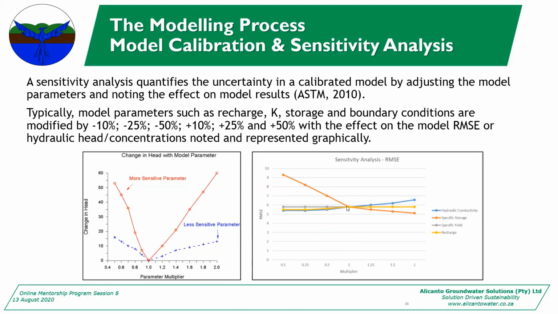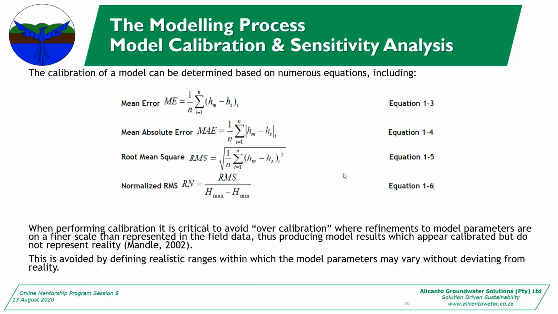Whereas if you're getting it where as soon as you change it, if you halve your parameter it doubles your root mean square error, then you need to start looking for more data and refining and getting a bit more confidence in your actual input data set. So you look at your root mean square. Yeah. Okay. Now I see. All right. Thanks.